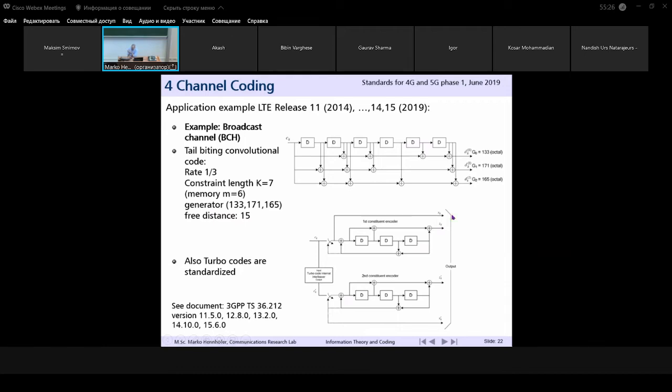But before we do this, we need to have an insight into how these encoders with feedback actually work. I'm not sure how strong your background in signal processing is, but if you have treated digital filters in one of your elementary classes, you will know the so-called FIR, finite impulse response filters. This would correspond to something like up here, some measurements entering the register and being processed somehow.